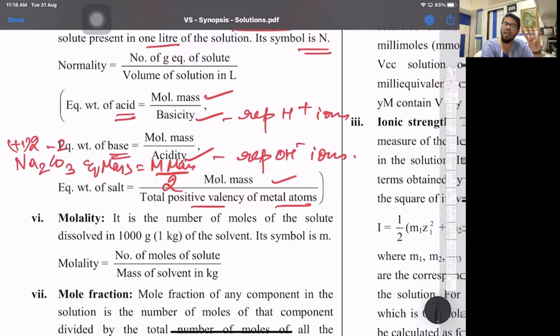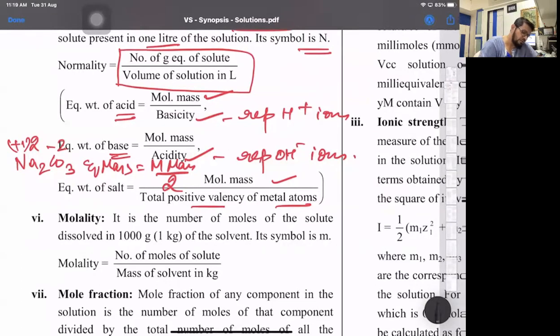That's the third one. And fourth, equivalent mass of an oxidizing or a reducing agent. That's the molar mass upon the number of electrons lost if it is a reducing agent, or the number of electrons gained if it is an oxidizing agent. So normality, just for the definition part, number of gram equivalents present per liter of a solution is called normality.